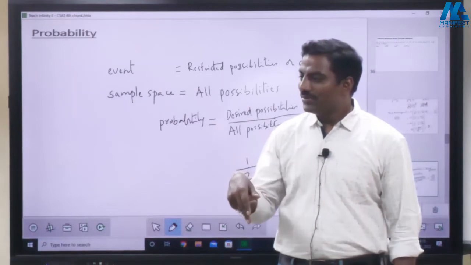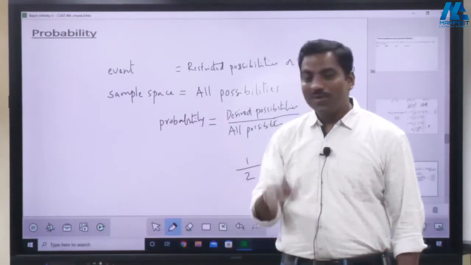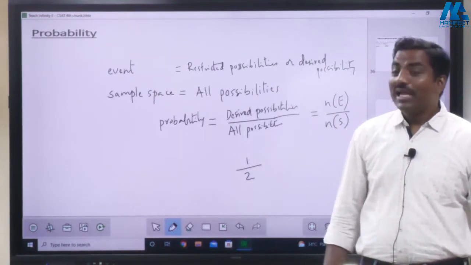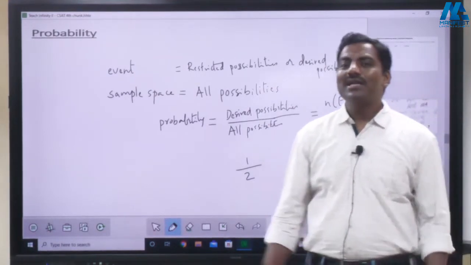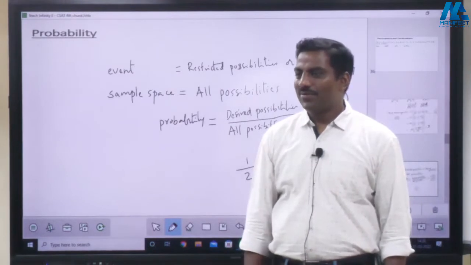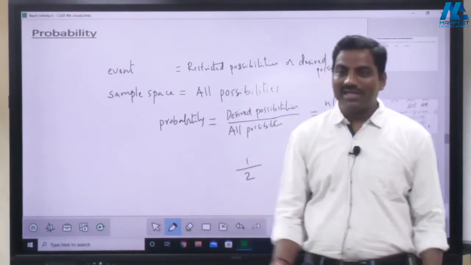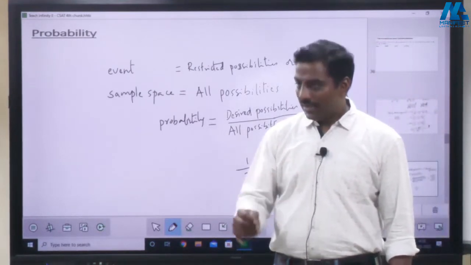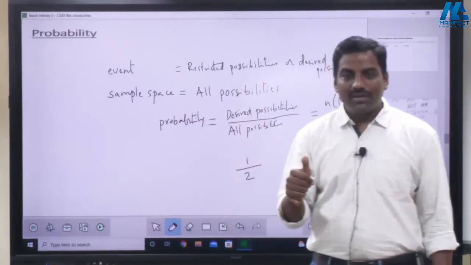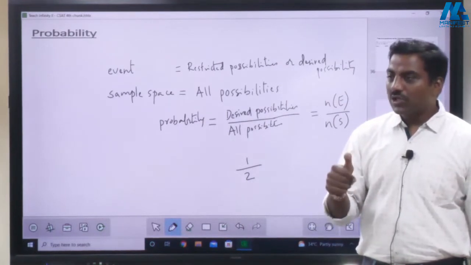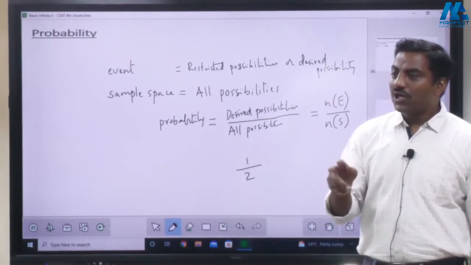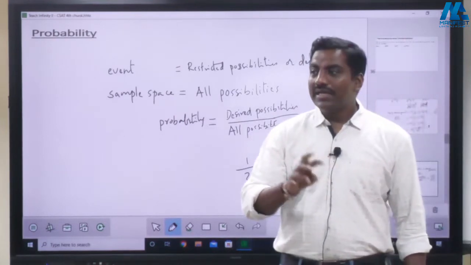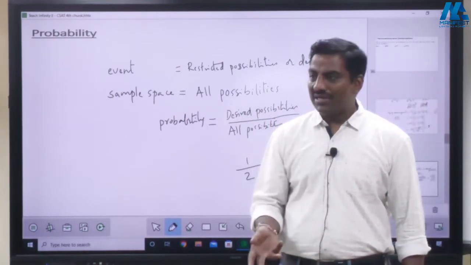Either the bus will come or it has gone. One or the other thing will happen, no? Today, it might rain, it may not rain. The probability of getting rain or not is what? 1. So these are certain events. When you toss a coin, getting heads or tails is a certain event. When you roll a dice, getting a number less than 7 is a certain event.